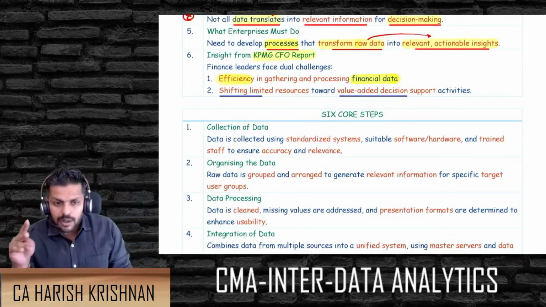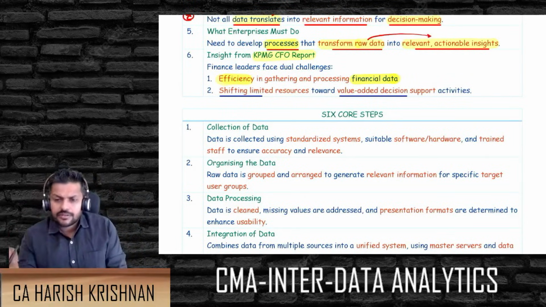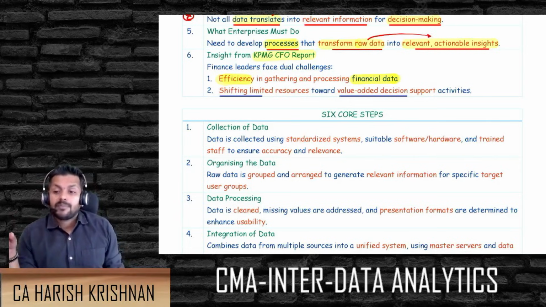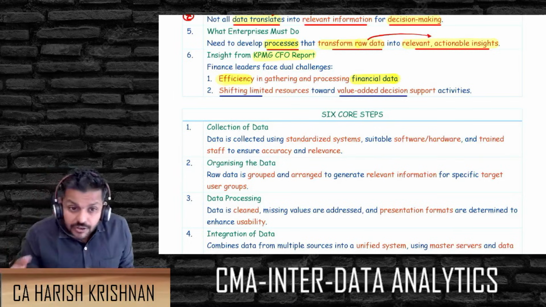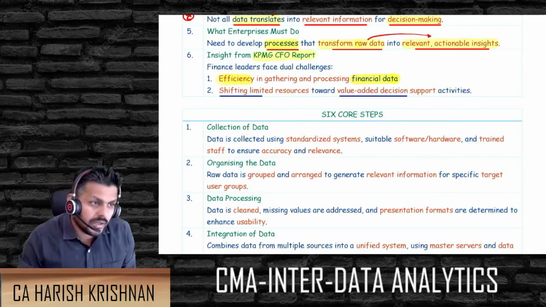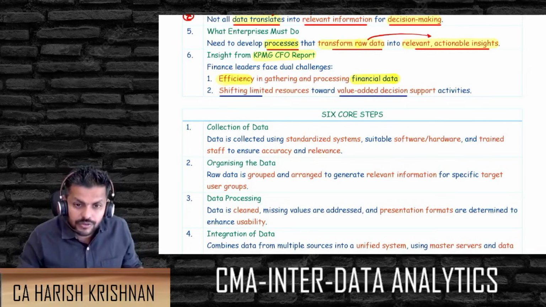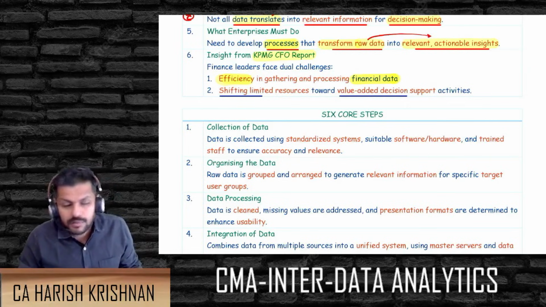So we have two problems. One, the time taken to gather all this financial data and process it, plus the second point, which emerges as an issue: shifting the limited resources towards value addition or decision making. Shifting what towards what? Shifting limited resources towards value added decision support activities.